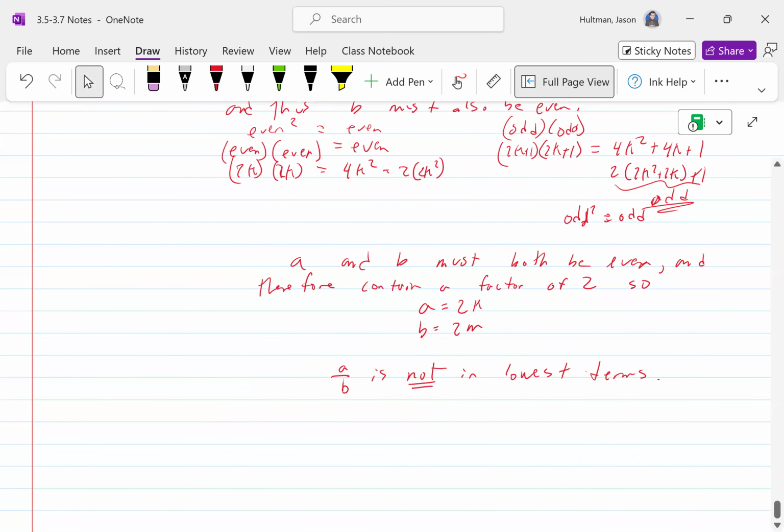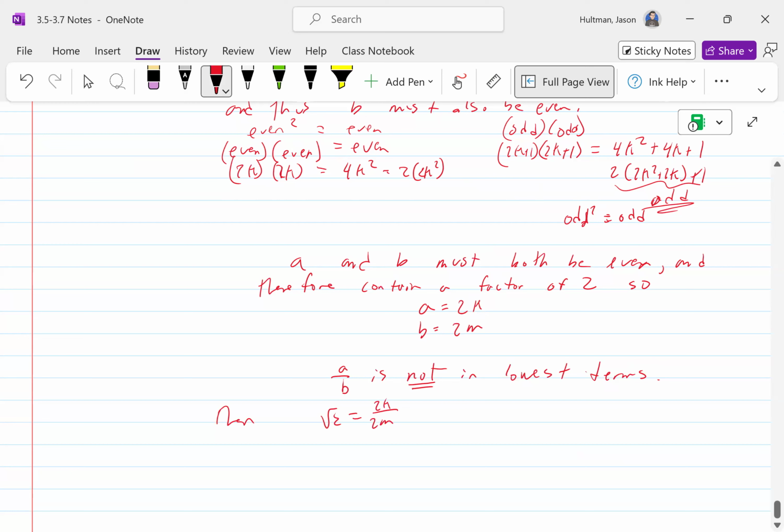It's saying that radical 2 is equal to some 2k over 2m. And you can keep using this logic. We're never going to really get a value, because we cancel the 2 over 2 and get k over m, but then we can go back again and say k had to be even and m had to be even.